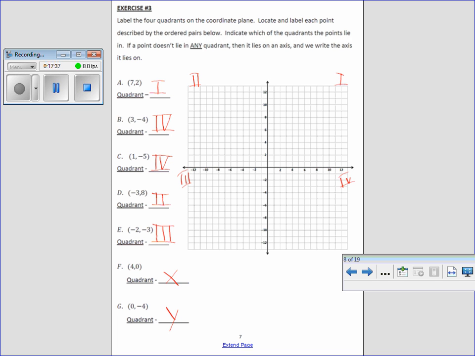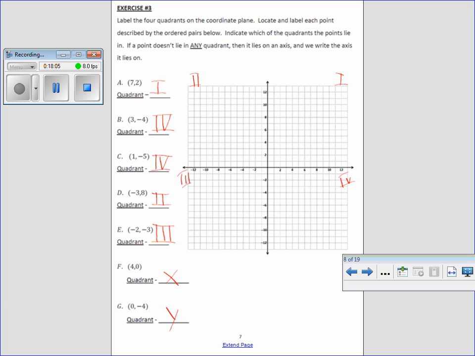Everything in this quadrant, both coordinates, in this case they give you 7, 2, but any positive x, positive y, is always in quadrant 1. What can we say about the coordinates in quadrant 2? Which is positive and which is negative? Viv. The x-coordinate is negative and the y-coordinate is positive. Correct.